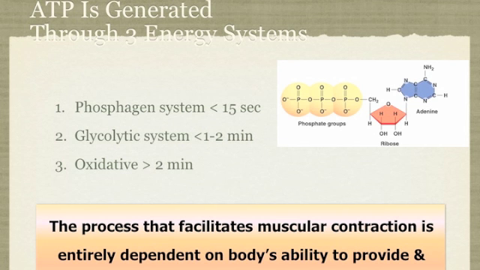So if you look at somebody doing a 100-meter sprint, that's the phosphagen system that supplies the energy for that physical activity. And the glycolytic system is usually efforts that are lasting 1 to 2 minutes, and then after that we go into an oxidative, which is over 2 minutes.